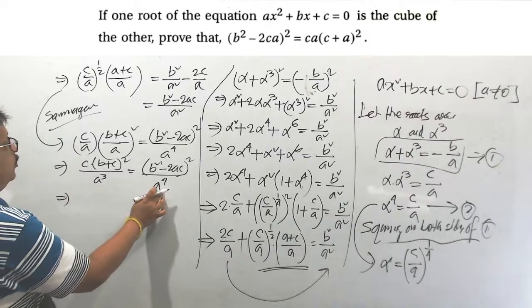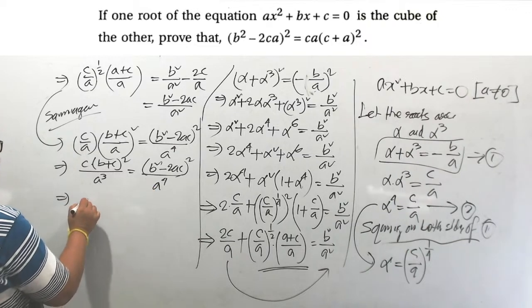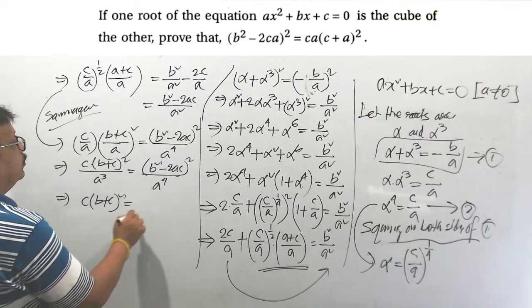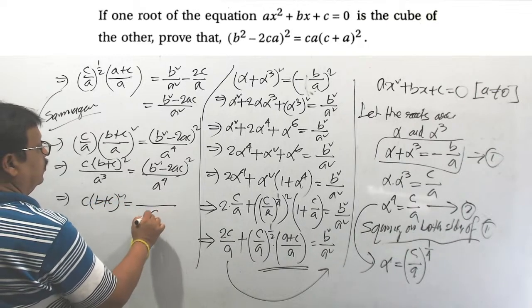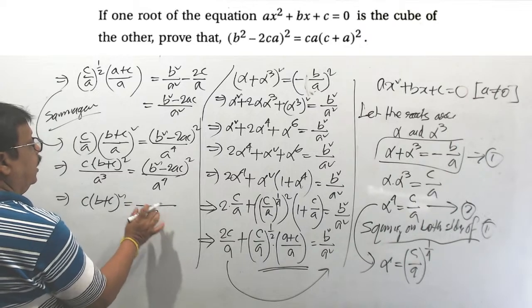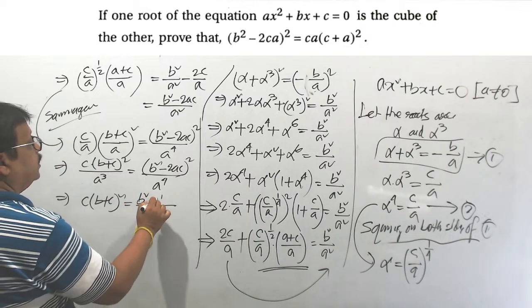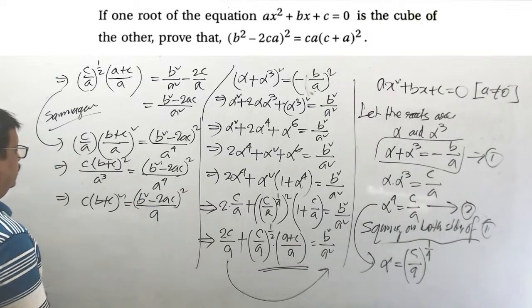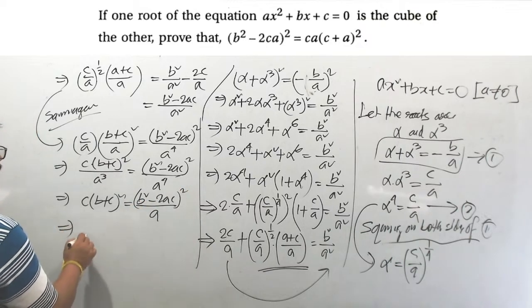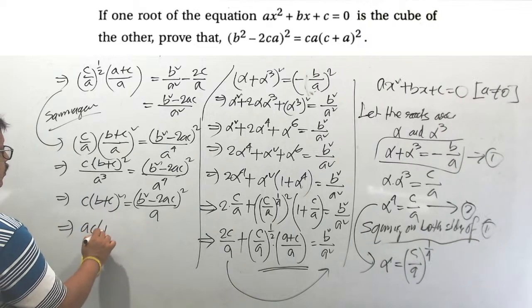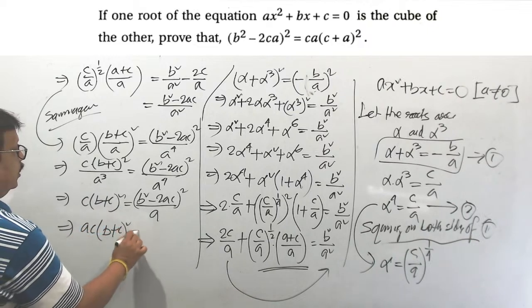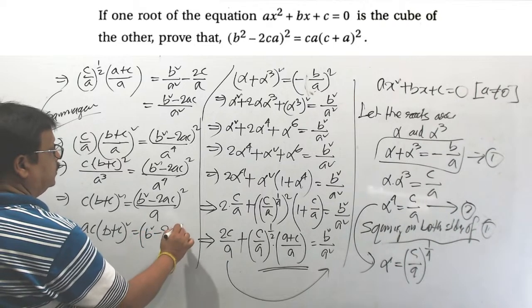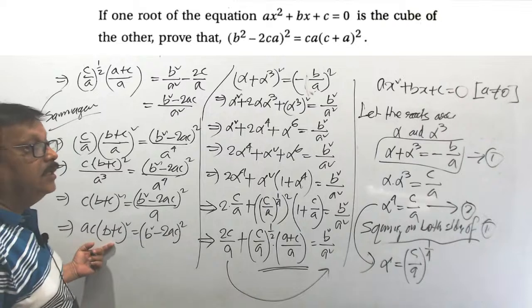A cube over a to the power 4, that is c into (b plus c) whole square equals, a in denominator, (b square minus twice ac) whole square. Multiply by a, that is ac into (b plus c) whole square equals (b square minus twice ac) whole square. What to do? Check.